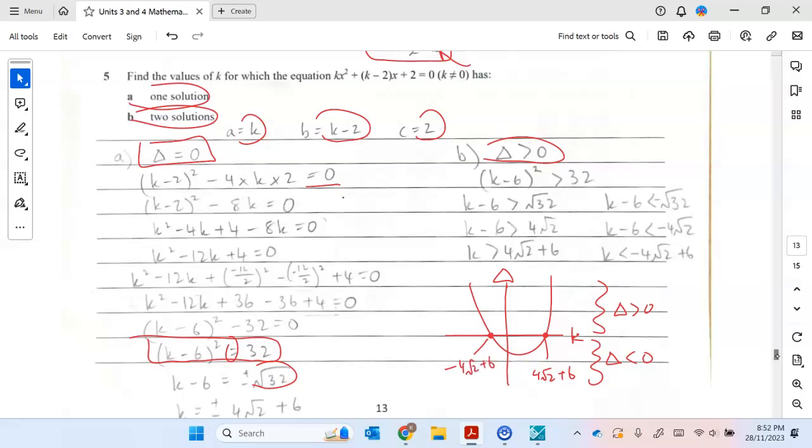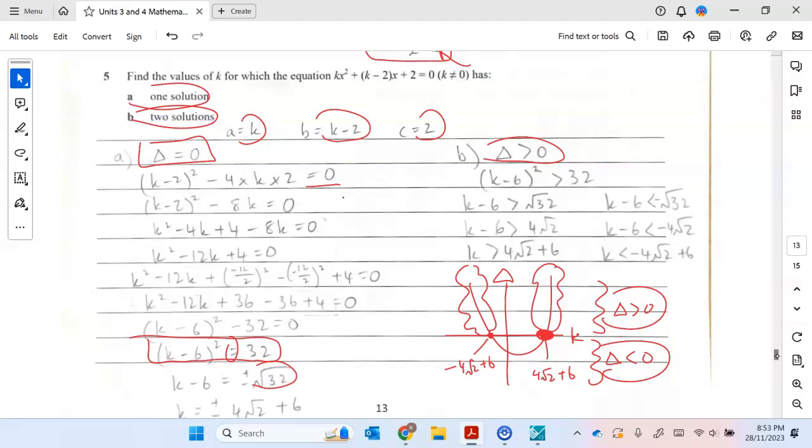It doesn't actually matter where. I'm just thinking now those x-intercepts are probably not drawn correctly on that graph. We just need to know when we're greater than 0 and when we're less than 0. So when k is greater than 4 root 2, so here's this point here, trying to draw a big dot. All right, so when we're greater, you can see this section here, we're above the x-axis, and when we're less than 4 root 2 plus 6, we're also above the axis.